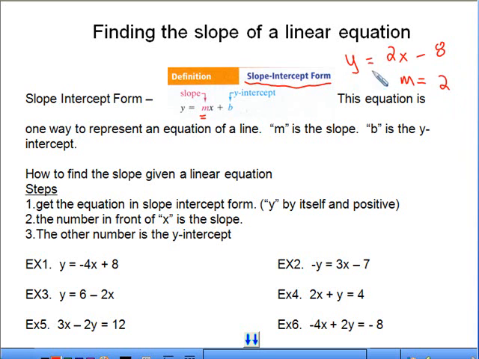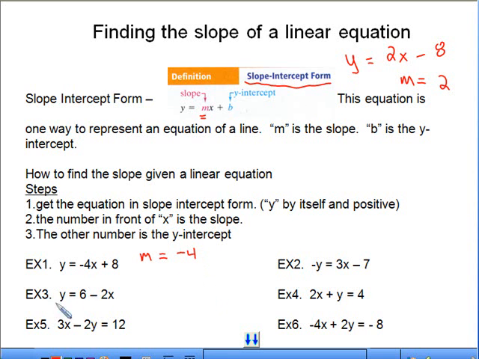But you have to make sure that y is by itself and positive. So the key to finding the slope when you have an equation is to get y by itself and positive, put it in slope-intercept form, and the number in front of x is the slope. For example, in number 1, y is by itself and positive, so it's okay to find the slope now. m is the number in front of x, so that's -4.